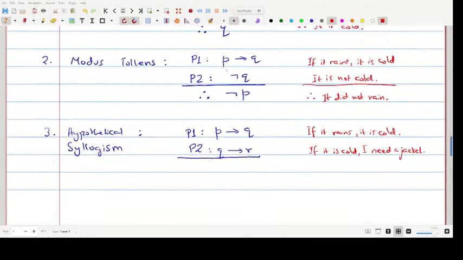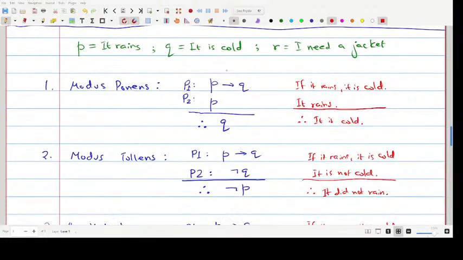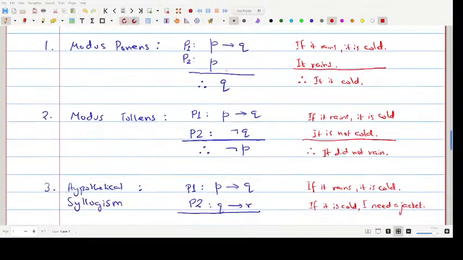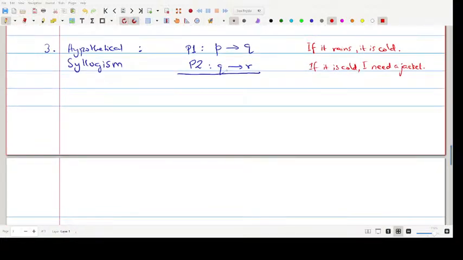Q is it is cold, R means I need a jacket. Now, according to the rule hypothetical syllogism, the conclusion is P implies R.